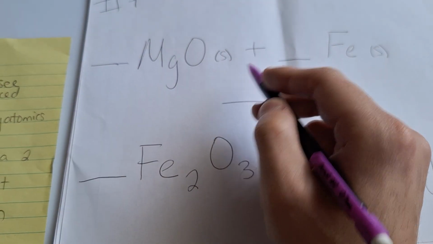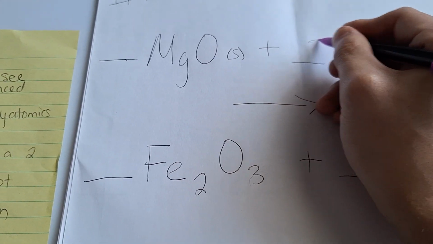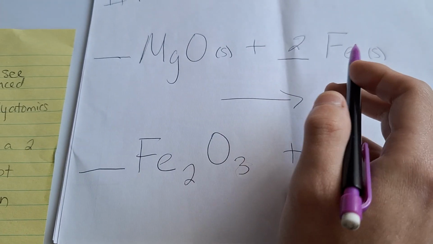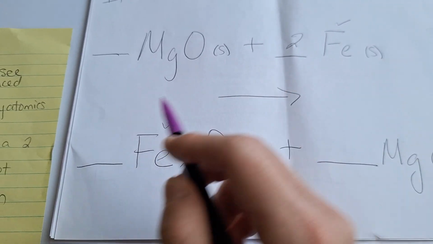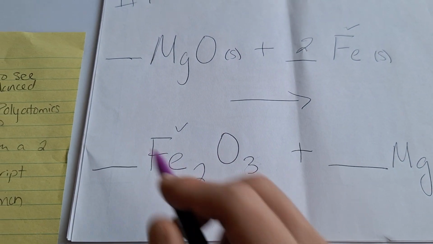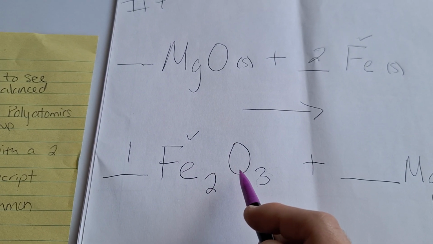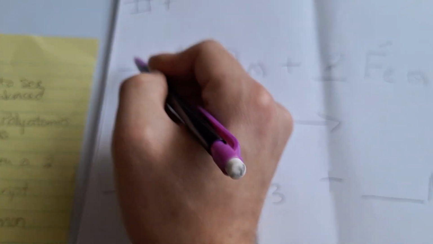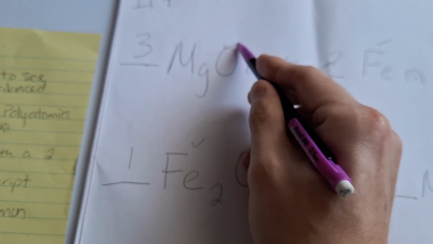If there's 2 here, we need 2 over here. Now the irons check out. We're going to assume that this is a 1 right now. If there's 3 oxygens here, we need 3 over here, so this has to be a 3.